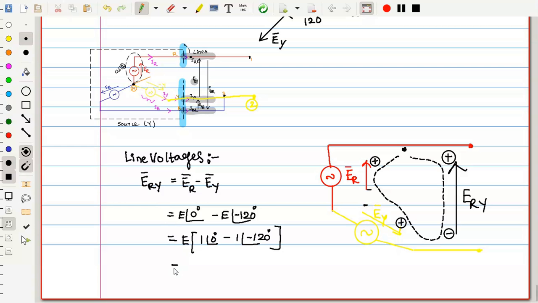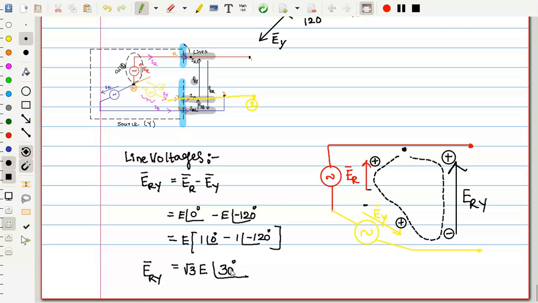Yeah. So here is the very, very important conclusion. Root 3 E is the magnitude now, and the angle is 30 degrees. So can I say ERY is the line voltage: line voltage magnitude is equal to root 3 times the phase voltage.